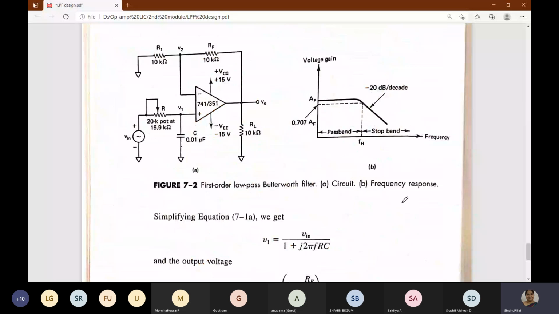We have an op amp, and R1 and RF are the feedback resistors, with R1 grounded, and there is a capacitor. This is important. This will help us with filtering. This is the RC network. The capacitor is connected to the positive input, and the other end of the capacitor is grounded. And one end of this is a pot, a variable resistor.